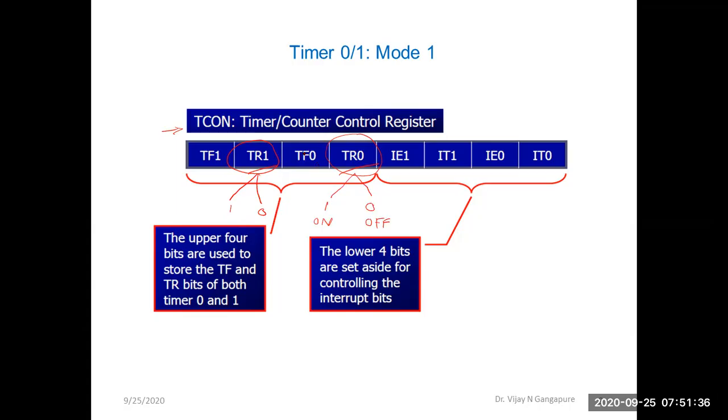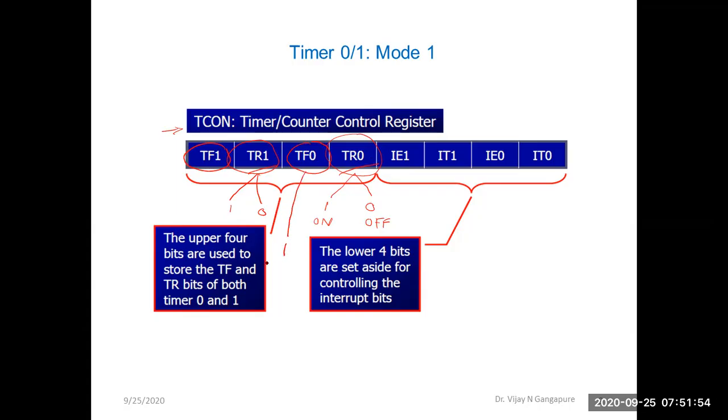Now we discussed in the previous slide about TF0, timer flag 0, and TF1. Whenever there is a rollover of count in case of timer 0, this flag bit will get set.